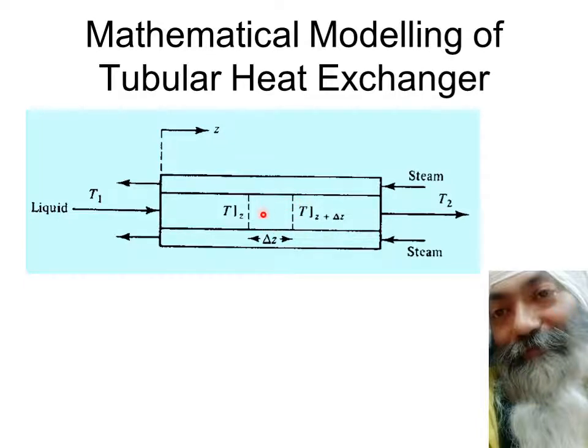So as we see, the total amount of heat which is getting accumulated is the heat which is entering from here minus the heat which is leaving this, plus the heat which is entering from the steam part, that is the outer shell. Having this in mind, I think you now have a fairly good idea what I'm talking about. We will now go in for modeling this in mathematical terms.